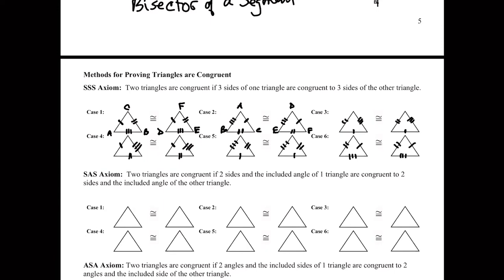You don't really need the labels in terms of A, B, C, and all that stuff. That was really just to give you an idea of how that could play out. But really, as long as you have 3 pairs of corresponding congruent sides, then you have a relationship where the triangles would be congruent.